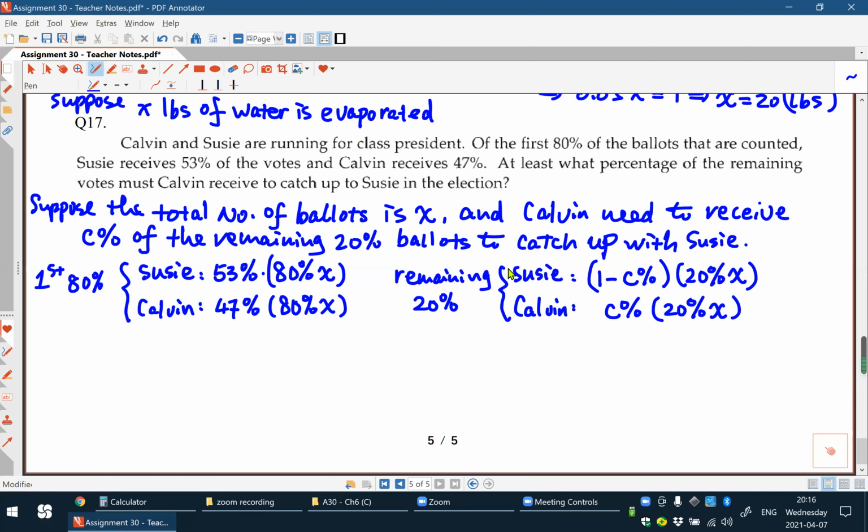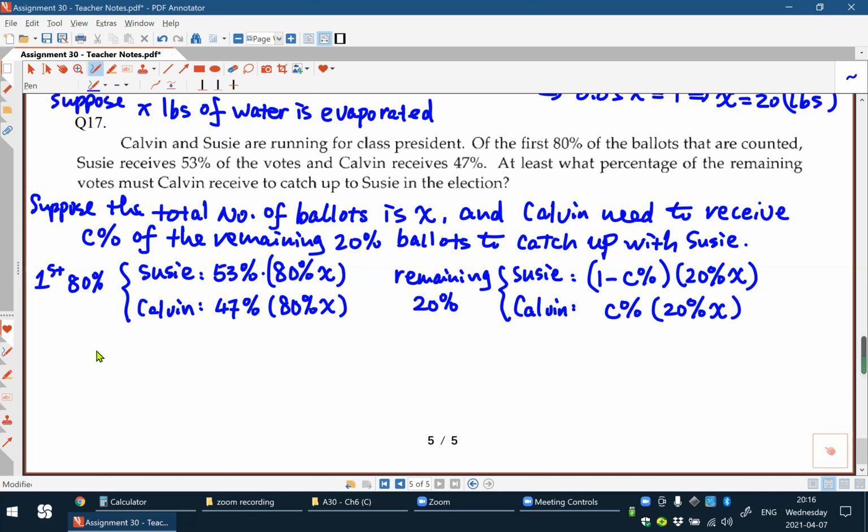Okay, so what relationship do we have here? We know that by getting the C% of the remaining 20%, Calvin shall catch up with Susie. That means the number of ballots they have should be equal, right?